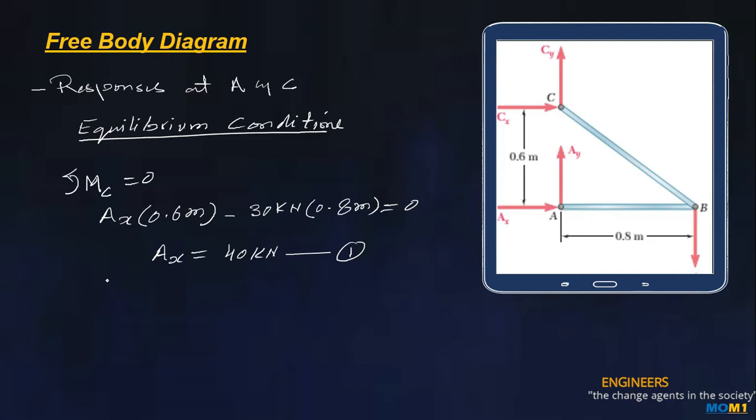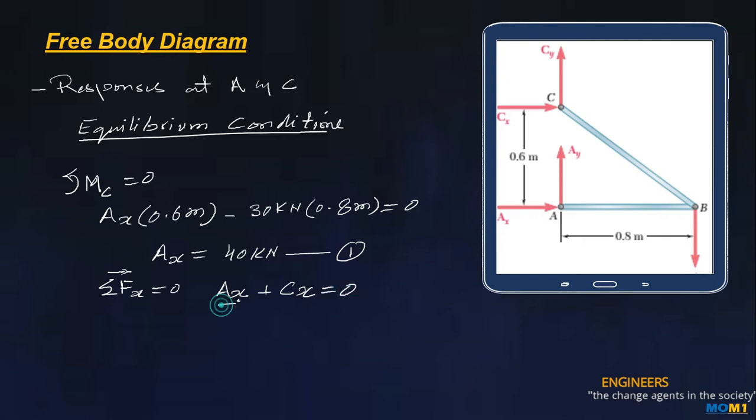Now summation of forces along x-axis is 0. Now we have Ax plus Cx is equal to 0.